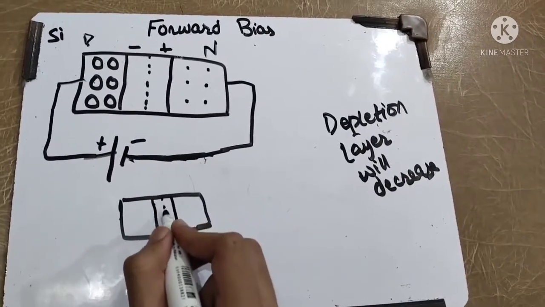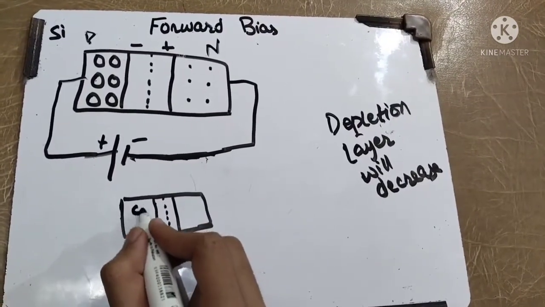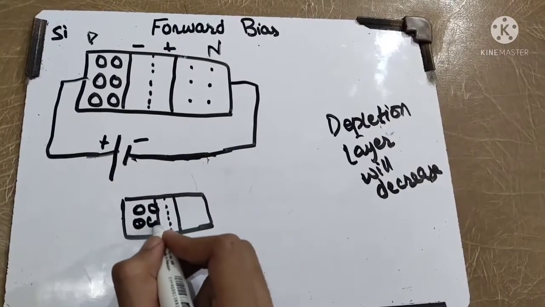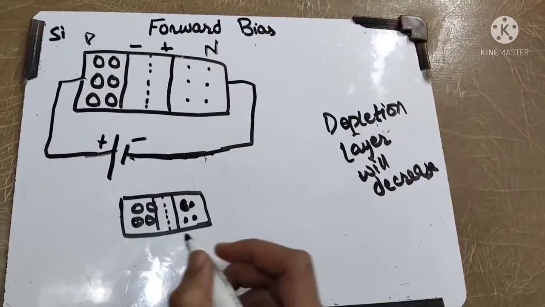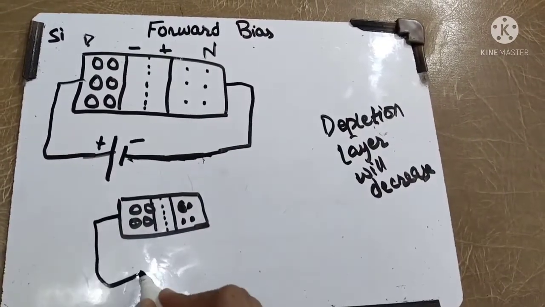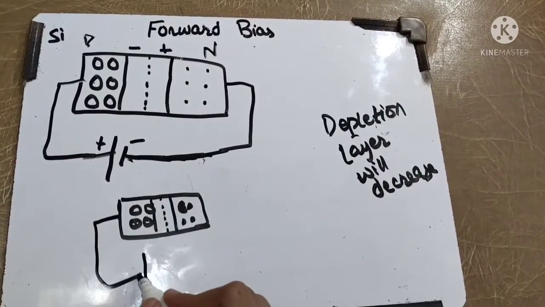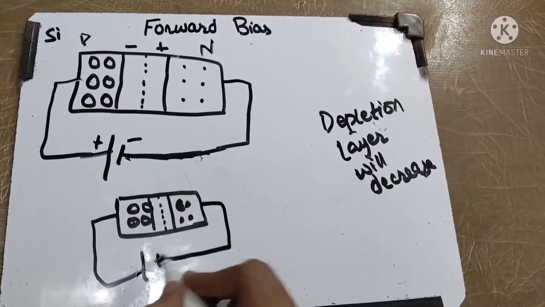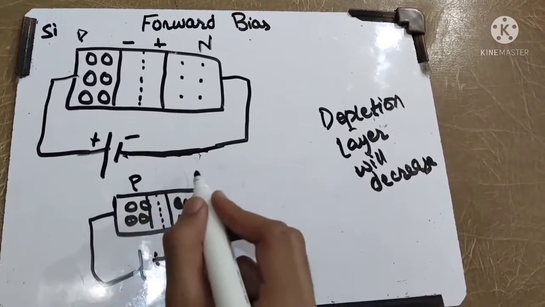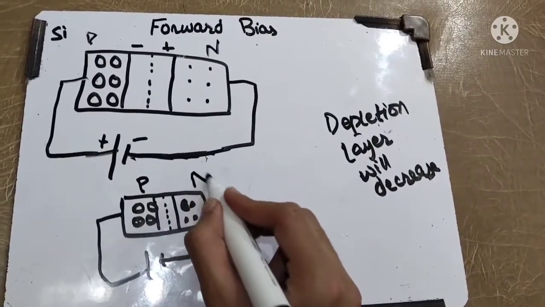Here our depletion layer decreases. After the depletion layer decreases, here is the diagram.